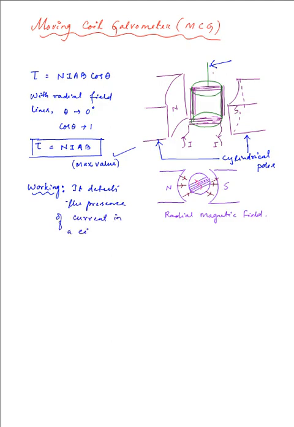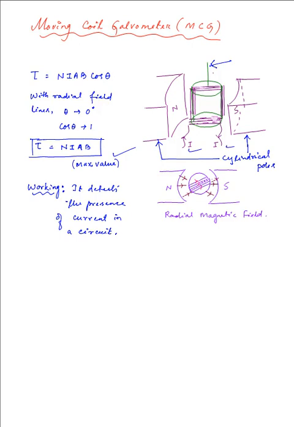We also have the galvanometer converted into an ammeter and a voltmeter as well, but that is for later discussion. First and foremost, the word galvanometer tells us that it detects the presence of current in a circuit, and if it is connected to a circuit carrying current, the current flows through it and comes out.